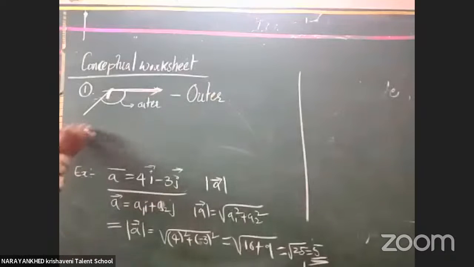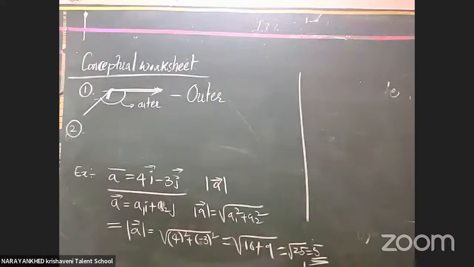The next, second question. Position vector is a vector that defines vectors. Second question in the conceptual practice sheet: all those vectors whose initial points are the same, such vectors are called what?